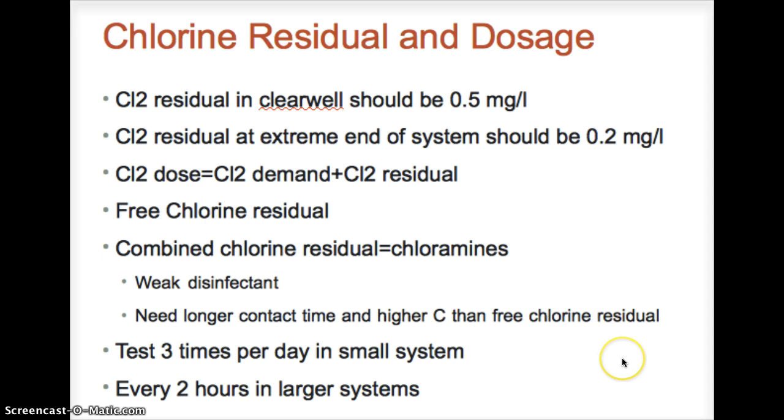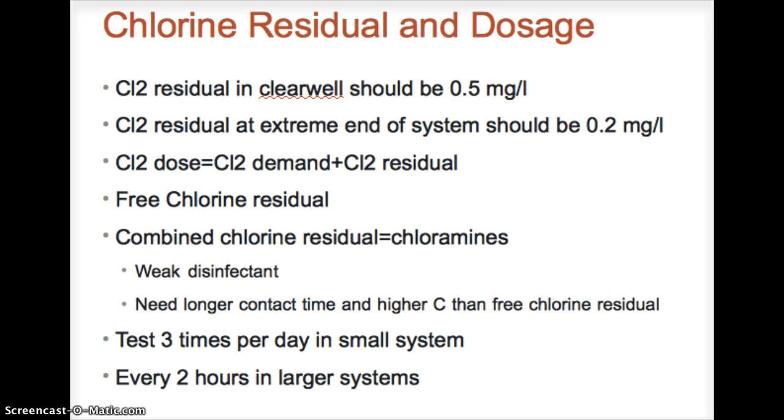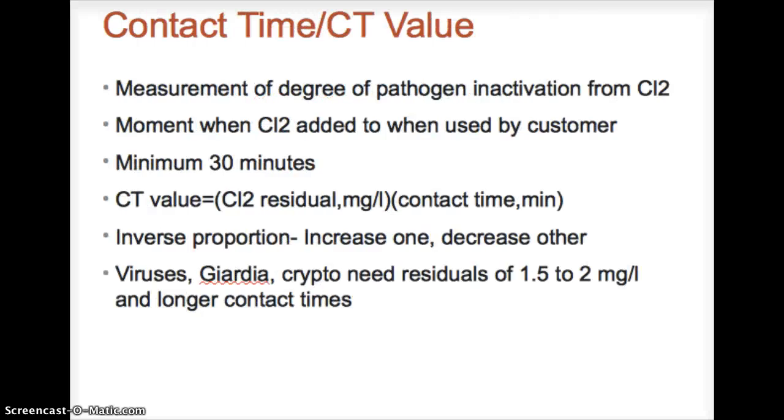In a small system, typically test 3 times a day and every 2 hours in larger systems. Now, the CT value is the measurement of the degree of pathogen inactivation from chlorine.